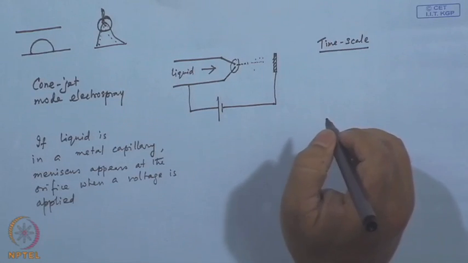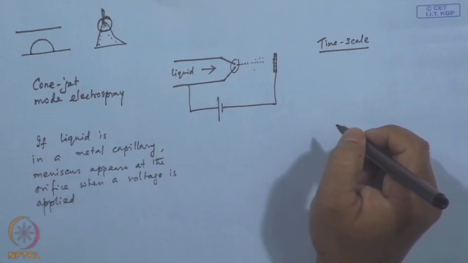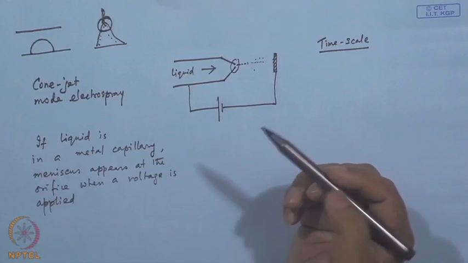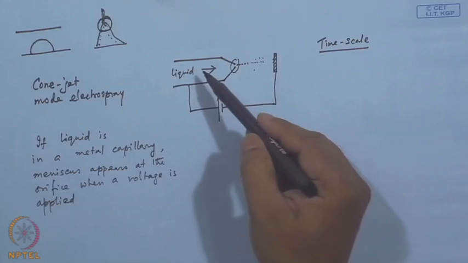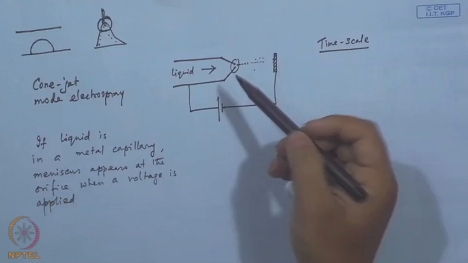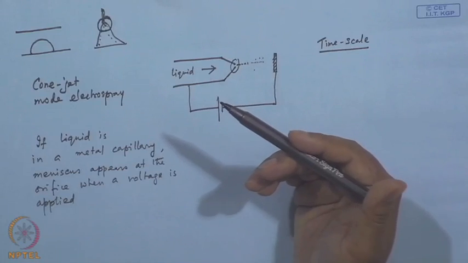This double layer has a certain time to form. There would be something called a charge relaxation time. When you apply the voltage, the charges have to align themselves next to the wall. That requires a certain amount of time, and that time is different.